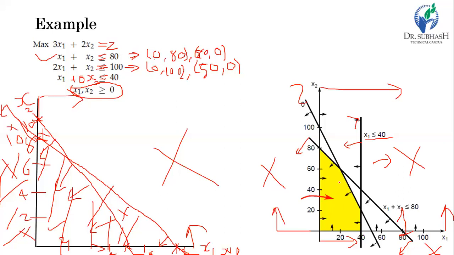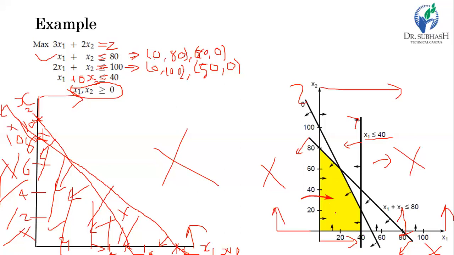So our solution will lie somewhere in this region, and as it is a region, we call it the feasible region, in which our feasible solution will lie. Whether it is optimal or not, we cannot say here, but our solution will lie in this region.